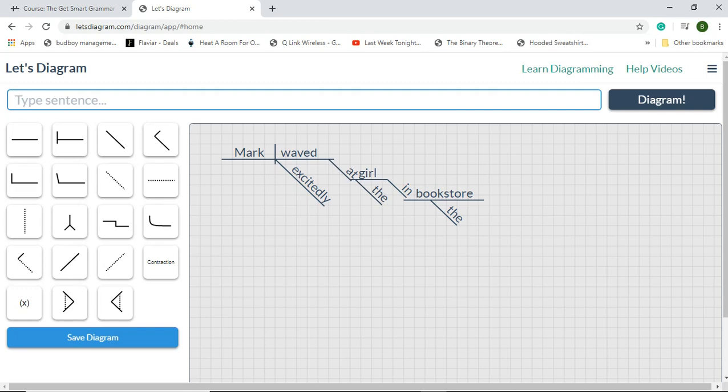So, sentence number 2 is: the beautiful blue fountain glowed in the white moonlight. So here we go. Oh, get my computer closer to me. There we go.